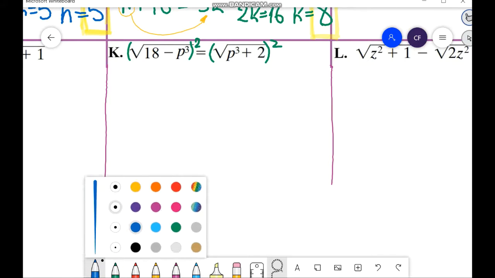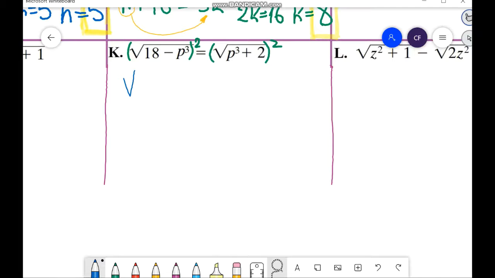Then we have the square root of 18 minus p cubed. That means we can simplify the square root of the square. And then we're going to have 18 minus p cubed equals p cubed plus 2. Nice?